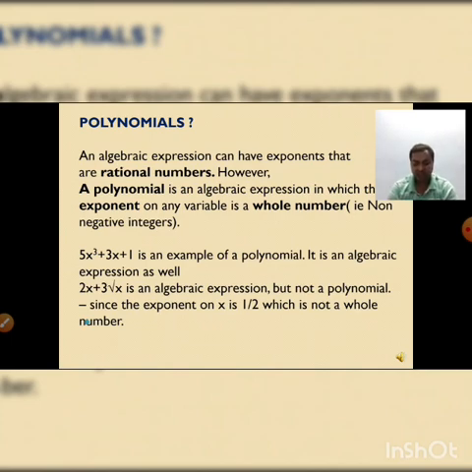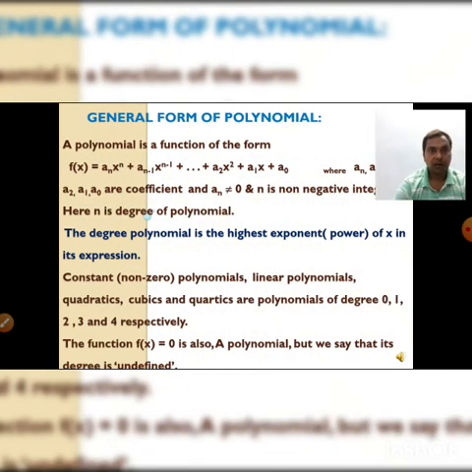It is also an algebraic expression. Another example, 2x plus 3 root x is an algebraic expression but not a polynomial, since the exponent of the variable x is 1 by 2, which is not a whole number. So the difference between algebraic expressions and polynomials is already cleared.